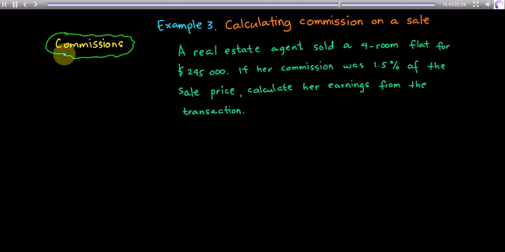Commission is earned basically by salespersons or agents working for a company, who can only earn when they make sales. So instead of a fixed monthly salary or hourly wage, the earnings are usually based on a percentage of the sales they make.